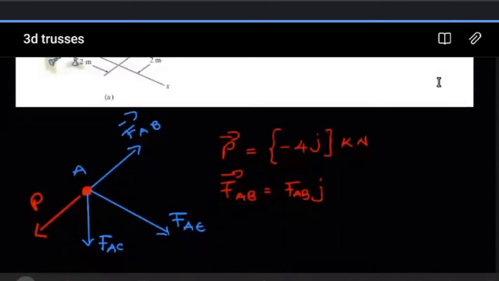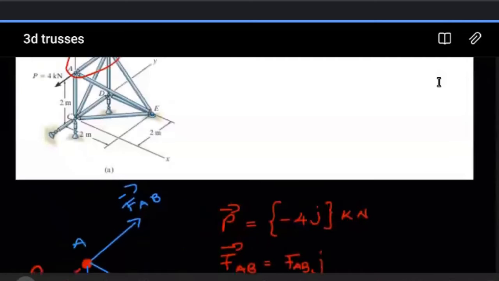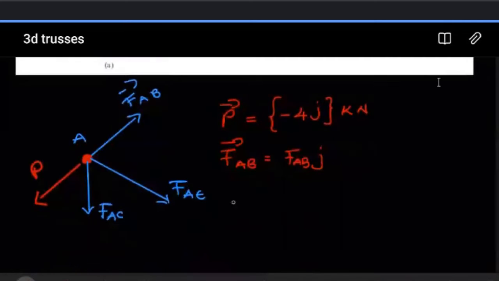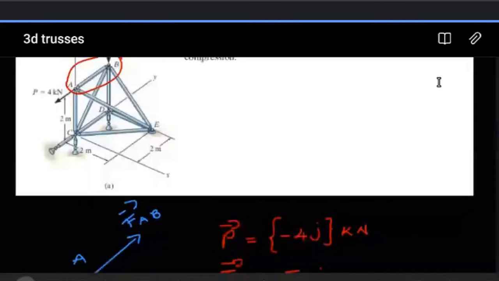Next, we go to AC. So let's look at FAC. Again, I have no clue what it is, so I'll present it as the magnitude of the force AC multiplying the unit vector. Look at AC. Where is AC? AC is this one here. What is the unit vector pointing in the direction of AC?